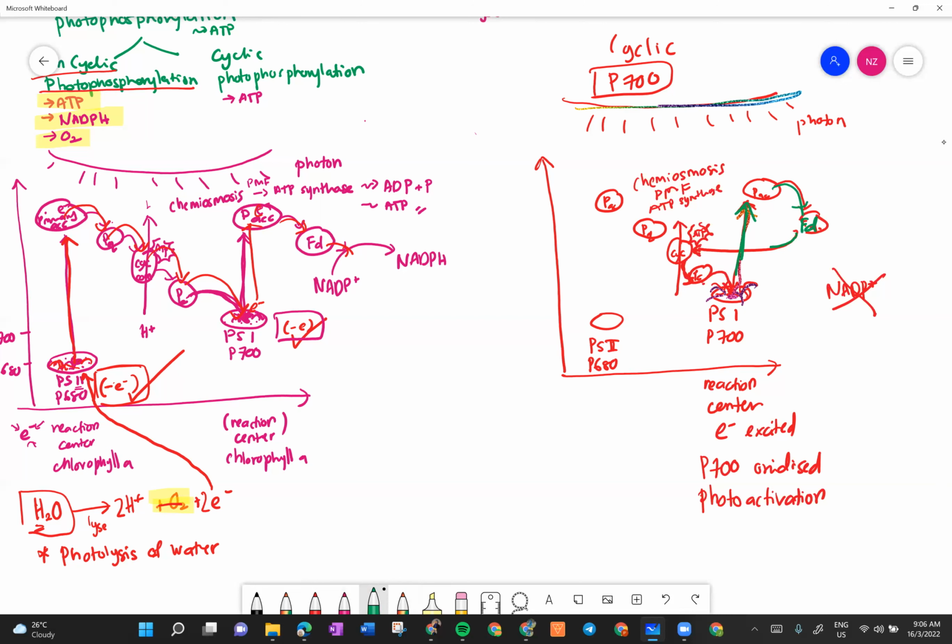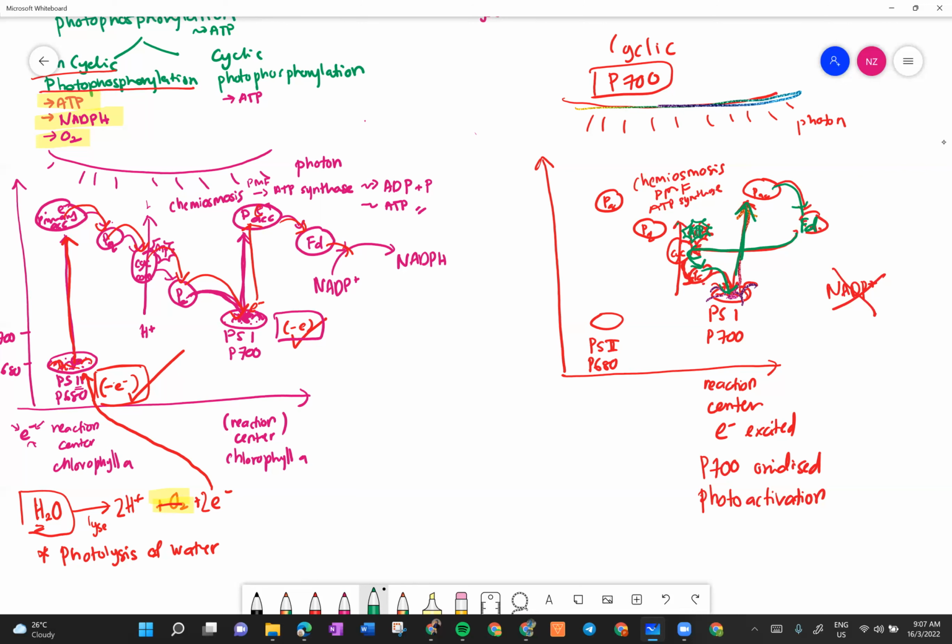And then the electron is being passed to cytochrome complex. Cytochrome complex become excited. Through chemiosmosis, it will form 1 ATP due to proton motive force and ATP synthase stimulated. The electron then will be passed to plastocyanin. And then it will pass back to the P700.